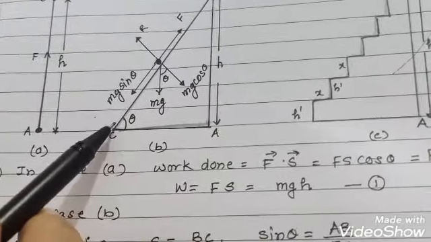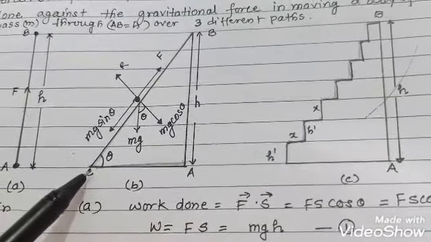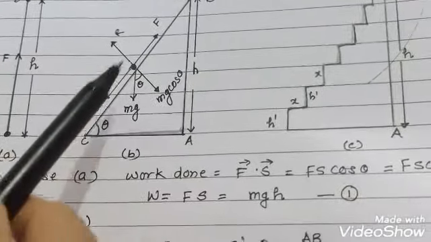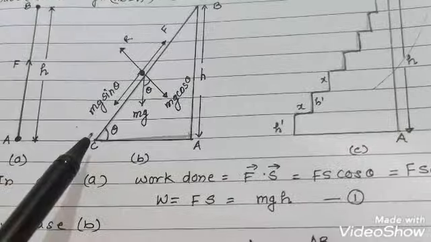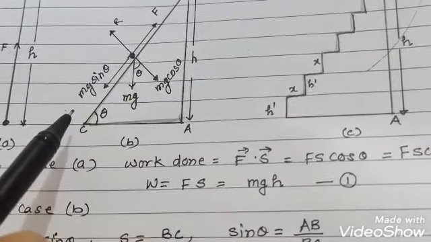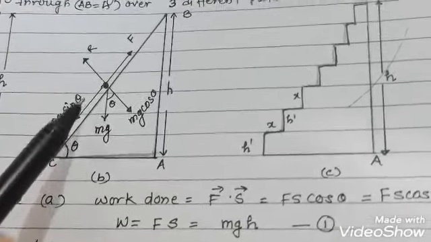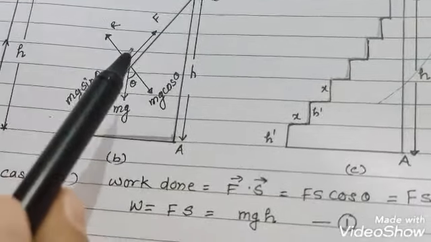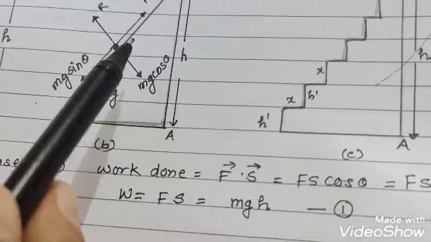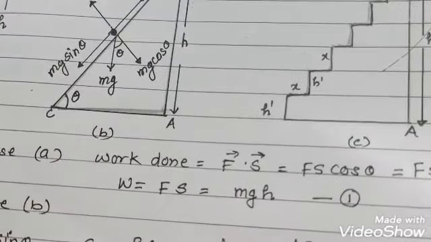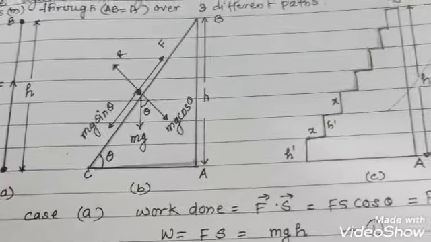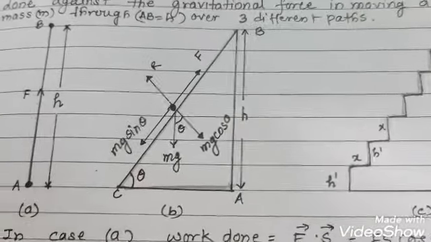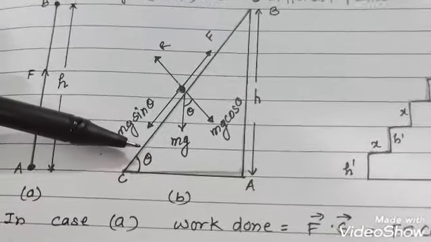Here also you will see the inclined plane, and when we move the object from C to B, it depends on the nature of the path. We are calculating the work done due to the friction force. The friction depends on how smooth the surface is, or the roughness of the surface. It also depends upon the cohesion or adhesion force of the two bodies, so a different work done would be there in this case.